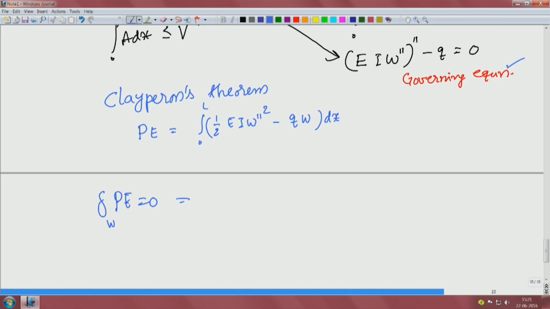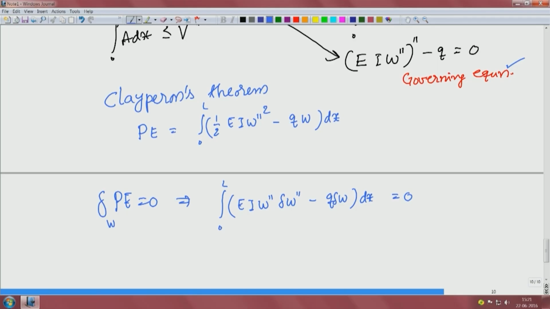So, we write 0 to L E I W double prime delta double prime, okay, minus Q delta W dx equal to 0. This we said is a principle of virtual work.